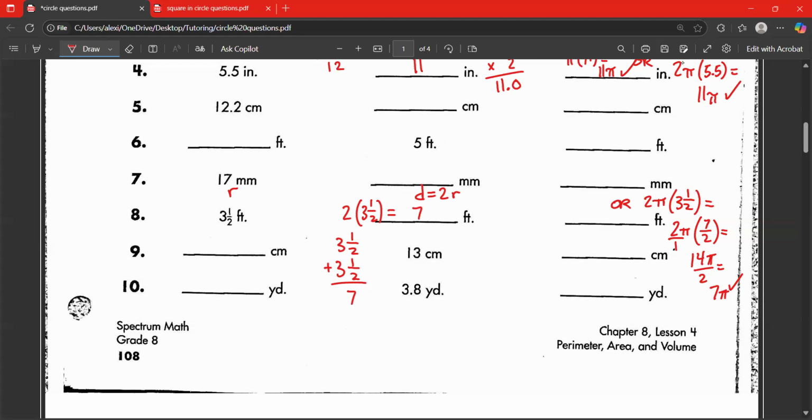If I wanted to do it the multiplication way, I would have to turn my mixed number to an improper fraction again. The 2's really cancel out and leave me the 7. Or I can multiply the numerators together, the denominators together, and then simplify. But either way, I get 7. So we can find the circumference using the diameter formula, and that's pi times 7, which is 7 pi. All right, now let's move on.